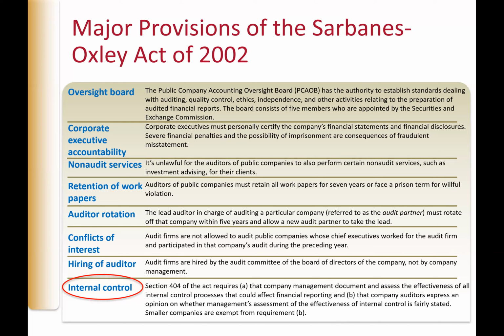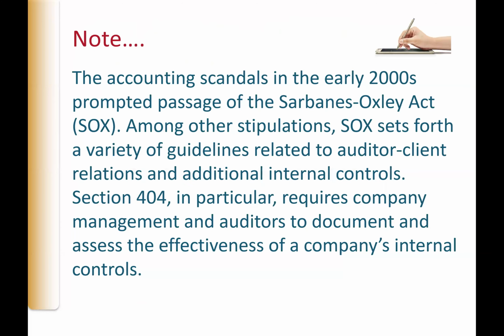So again, companies that were not regulated by the SEC, this wasn't required for them. The accounting scandals in the late 90s and early 2000s is what got this Sarbanes-Oxley Act passed. SOX sets forth a variety of guidelines related to the auditor-client relationship and in relation to internal controls.